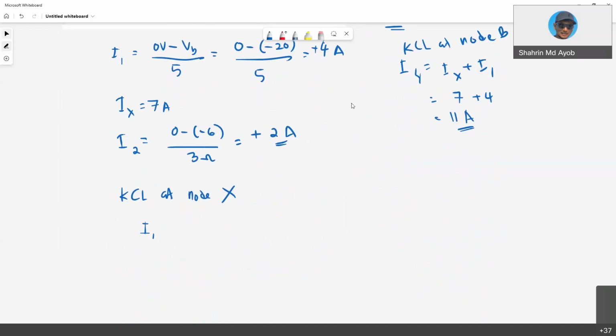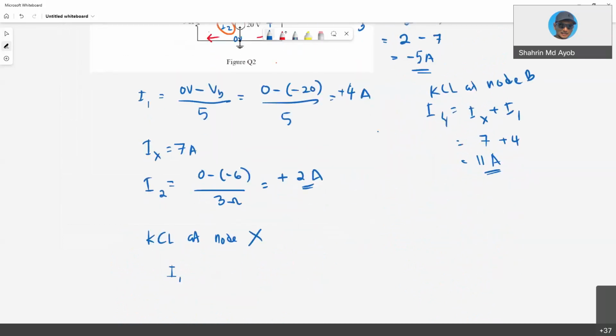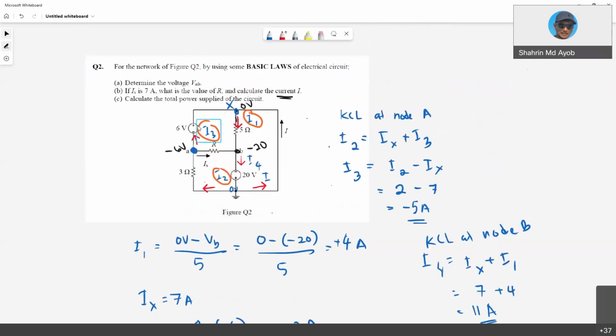Is it I1? So I3 plus I is equal to I1. Okay. I3 plus I is equal to I1.